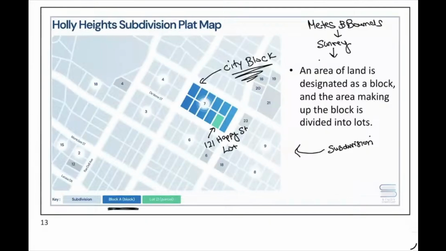And when you have a survey of a subdivision, that's what we call a plat. And on that plat, you'll see lot and block.